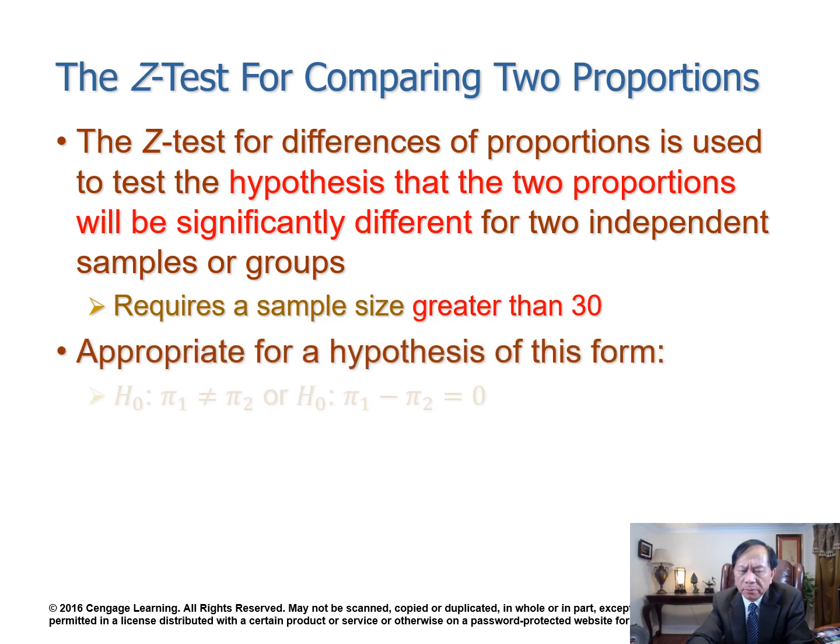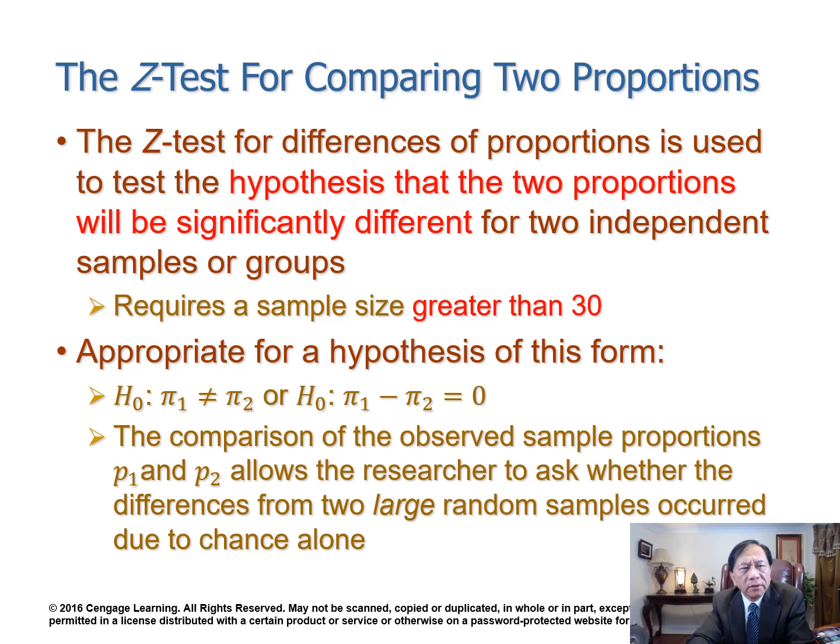It is appropriate for hypotheses of this form. You can use pi for proportions. The null hypothesis here is pi 1 equals pi 2, or pi 1 minus pi 2 equals 0.